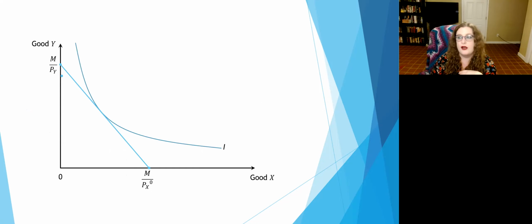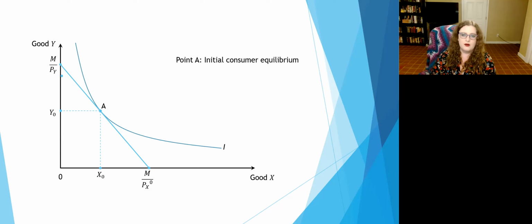Okay, but let's say that this is point A. At point A, we have some amount of good X and some amount of good Y. Let's call it X0 and Y0. That's the bundle we're at. We found out that out of all the amounts of Y and X that we can have, we get the most happiness when we purchase Y0 and X0. So point A is our initial consumer equilibrium. Let's just keep that in mind.